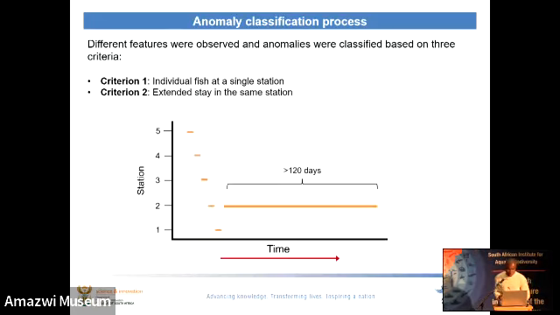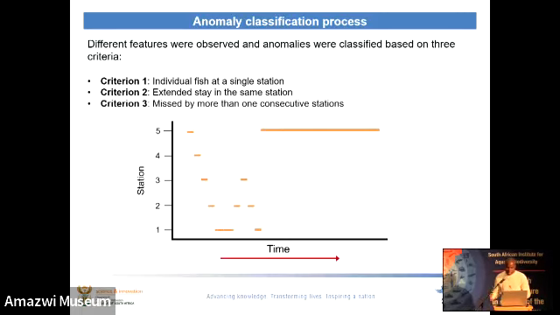The second one is if the fish is moving as you would expect it to, but suddenly stays at one location for more than 120 days, so we also regard that as an anomaly. The third criterion is that if the fish is moving down the estuary as you would expect it to, but suddenly it is recorded kilometers away in a receiver that does not make any logical sense, we regard that as an anomaly.